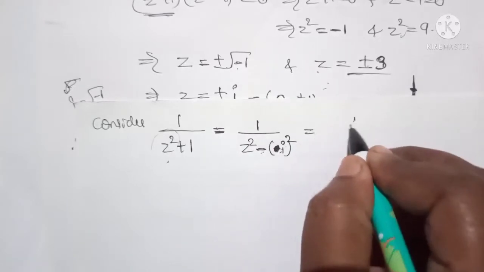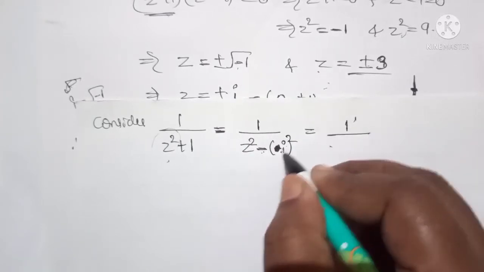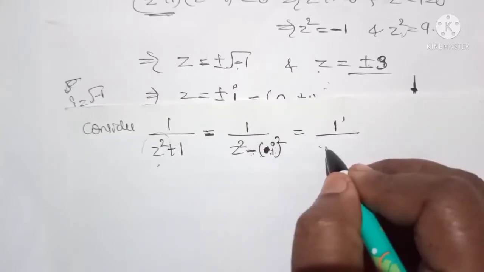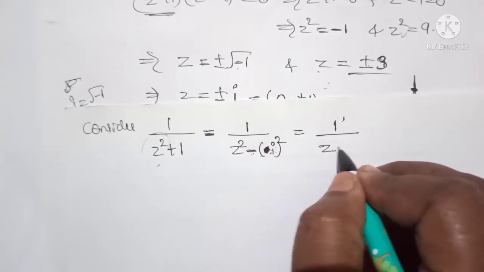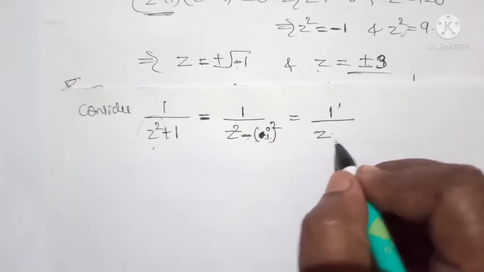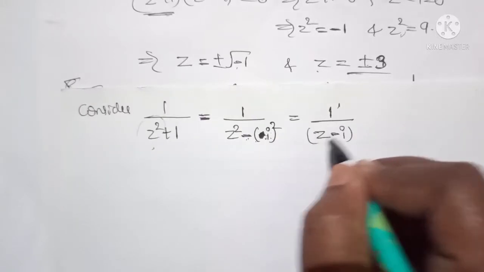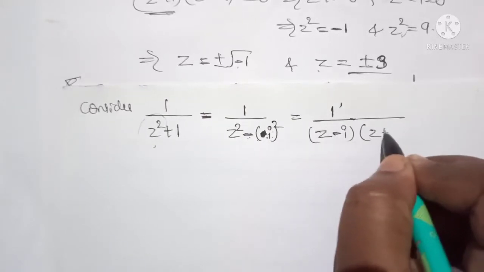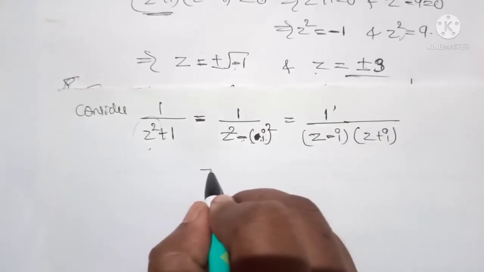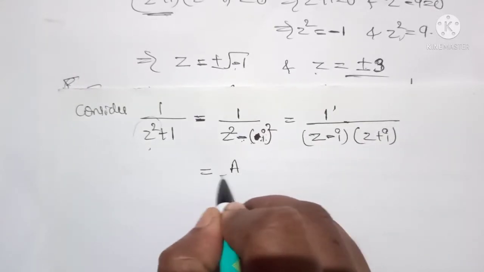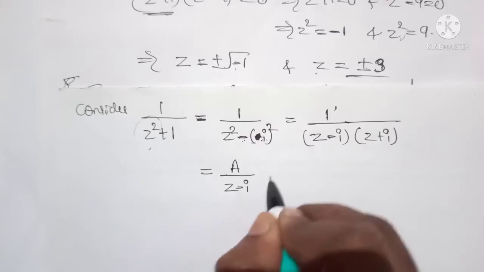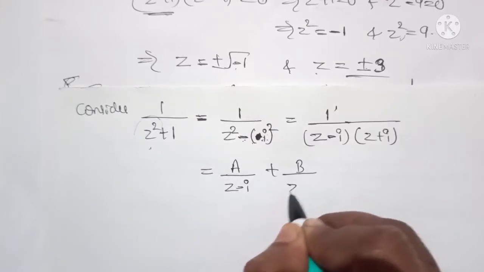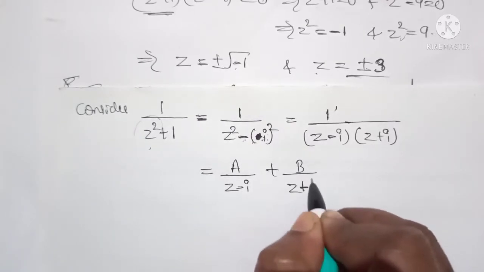So it can be written in the a square minus b square form, (a plus b)(a minus b), so 1 divided by (z minus i)(z plus i). By resolving into partial fractions we get a divided by z minus i plus b divided by z plus i.